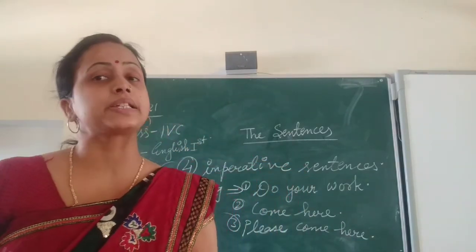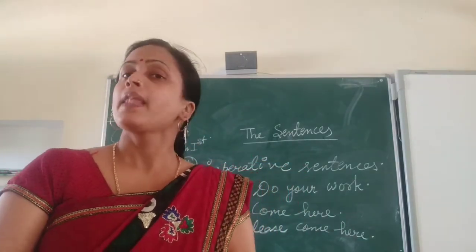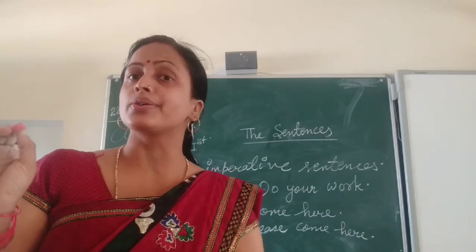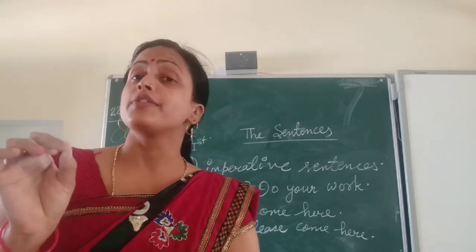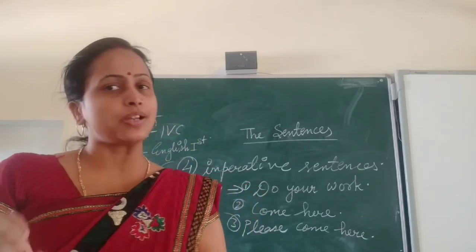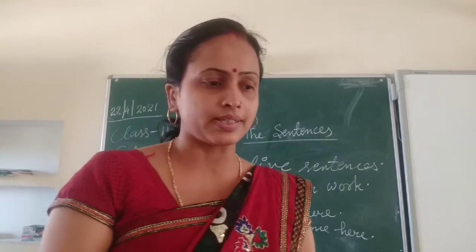All four kinds of sentences we have learned here. With examples, you have to write the definition of sentences in your copy from the book, and you have to write the examples with it. One example you have to give, so that you can easily understand.